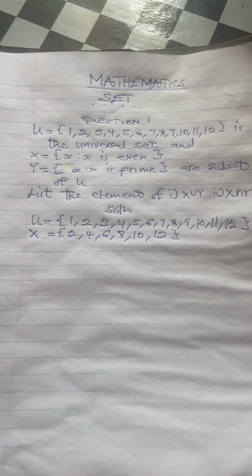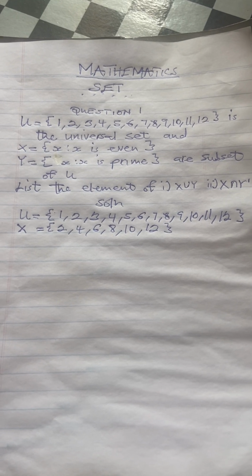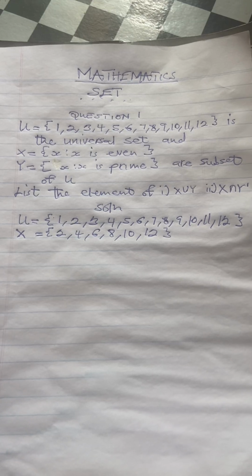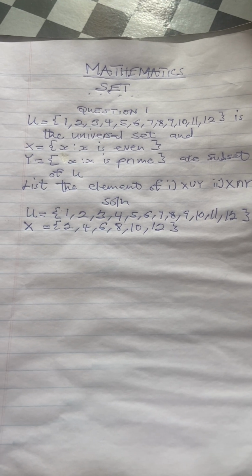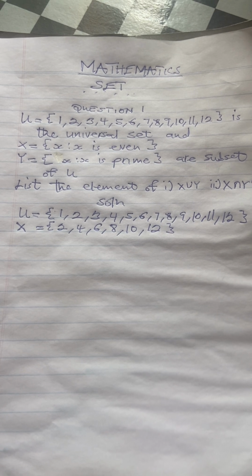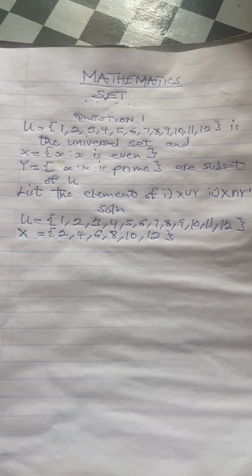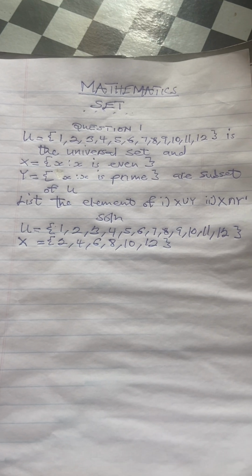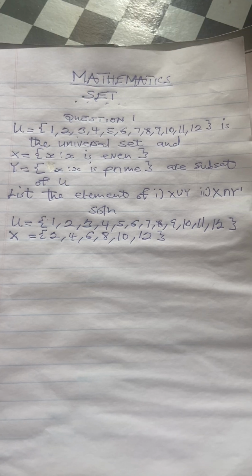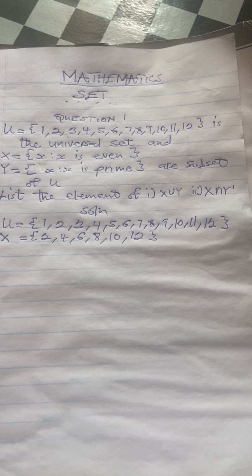After that, Y is equal to {x: x is prime}. So the prime numbers in the universal set. You know that prime numbers are numbers which are divisible by 1 and the number itself only, right? So for 2, 1 can go inside and 2 itself can also go inside.